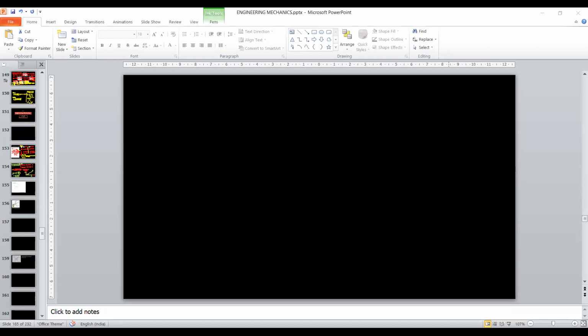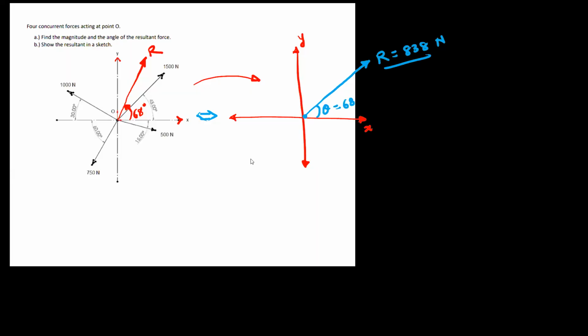So in this problem, a bracket, one bracket is mounted with the wall, and this is the bracket, and three forces are acting at this point.